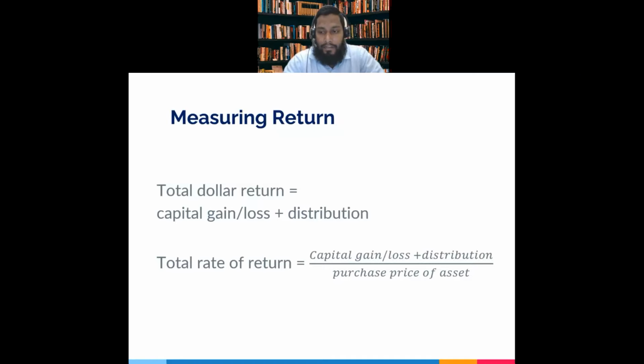Distribution is either the dividend from the shares or the coupon payment from the bonds. And if we want to know the rate of return, we need to get again the capital gain or loss plus the distribution, and divide by the purchase price of the asset, meaning the price we bought it at the beginning. So that is the simple understanding of how to measure the return.